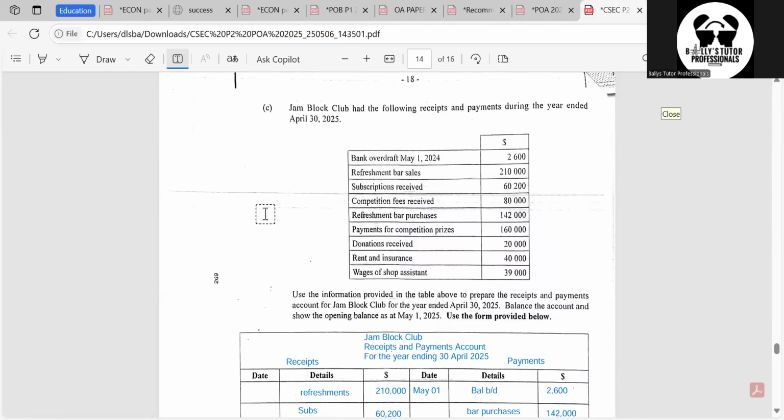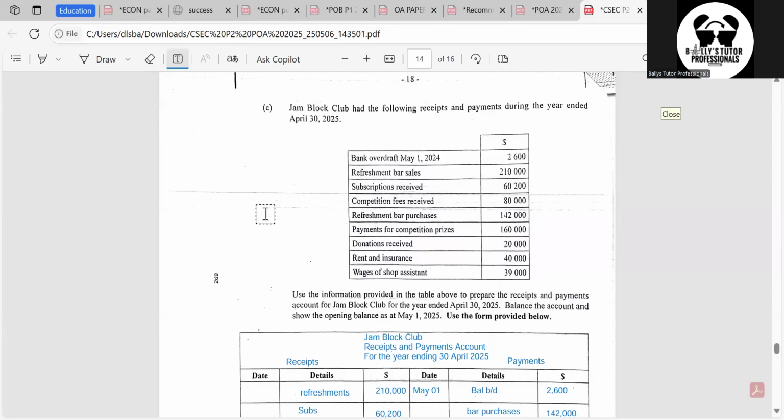So refreshment bar sale. You sell something, you're getting money, debit. Subscriptions received, people paying to be part of the club, debit. Competition fees received, debit. Refreshment bar purchases, money you spend, credit. Payments for competition prizes, credit. Donations received, money you get, debit. Rent and insurance, money is spent, credit.